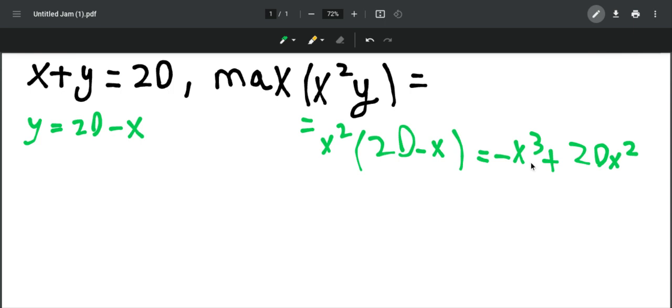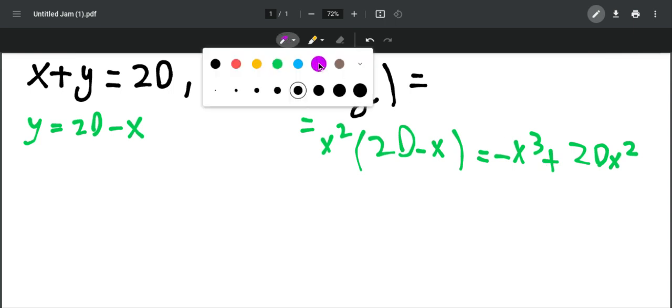But in this case, we can't use a vertex formula because the highest power is 3. So we can take a derivative, the slope of the tangent line, find the critical numbers where the derivative is equal to 0, and then plug back in to find y and solve for the value.